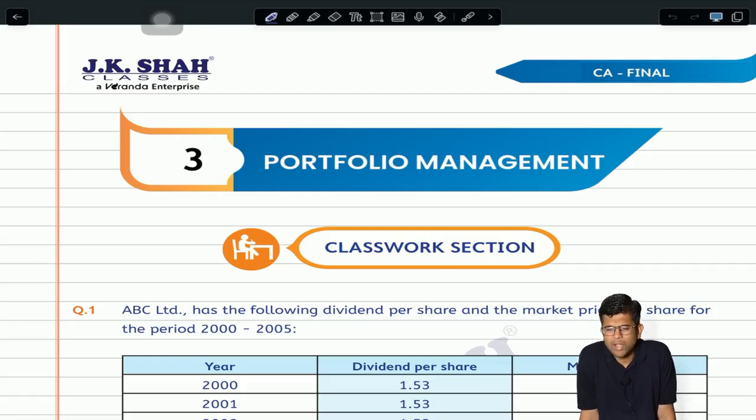Now, what does KE mean? KE means an individual investor's minimum required rate of return from an equity share. You're understanding what it is that they want? That is basically KE. What your minimum required rate of return is, what your KE is, of course will depend on the risk in the share. Everybody clear? Higher the risk, higher will be your KE.